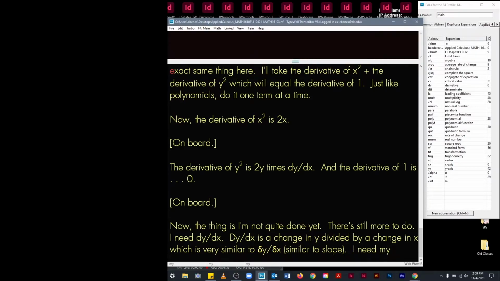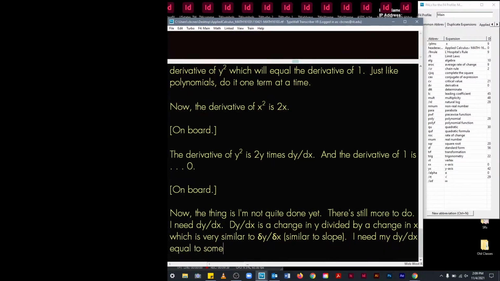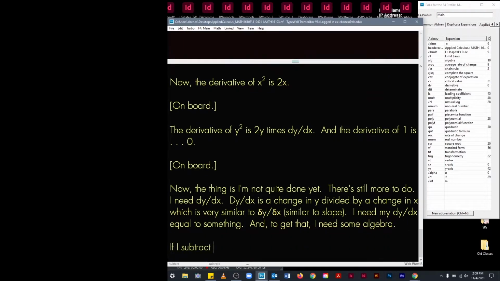In order for me to get that, I need some algebra. If I subtract 2x to the other side, I'm going to get 2y times dy dx is equal to negative 2x. And dy over dx is going to equal negative 2x over 2y.